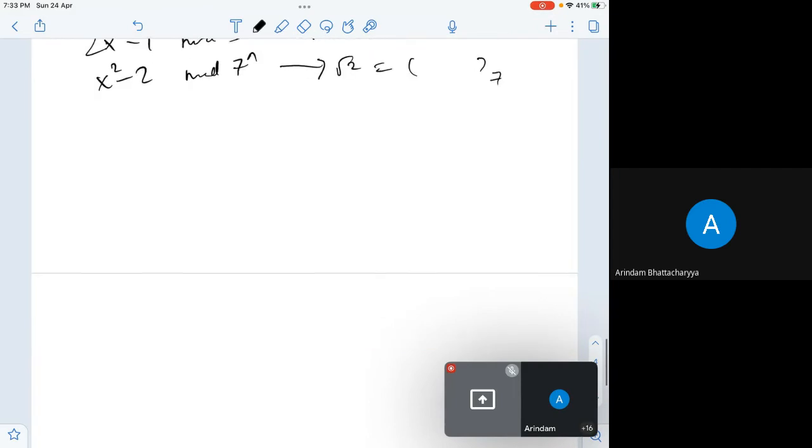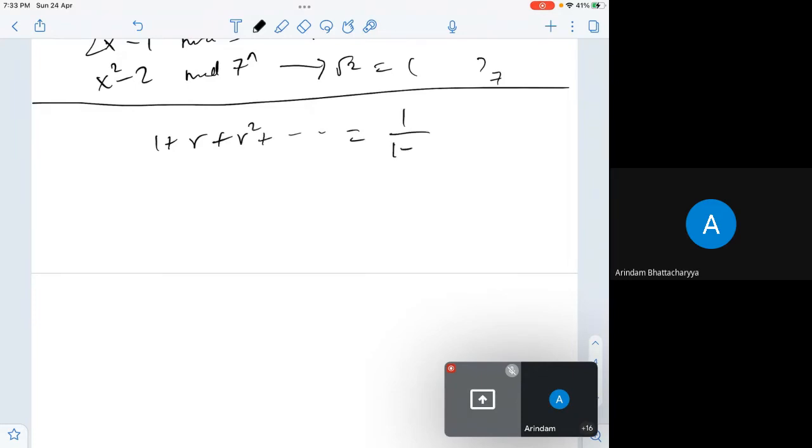All right. One more thing before I more formally define what a p-adic number is. I assume you have seen this kind of thing, the infinite GP, and this makes sense, right?